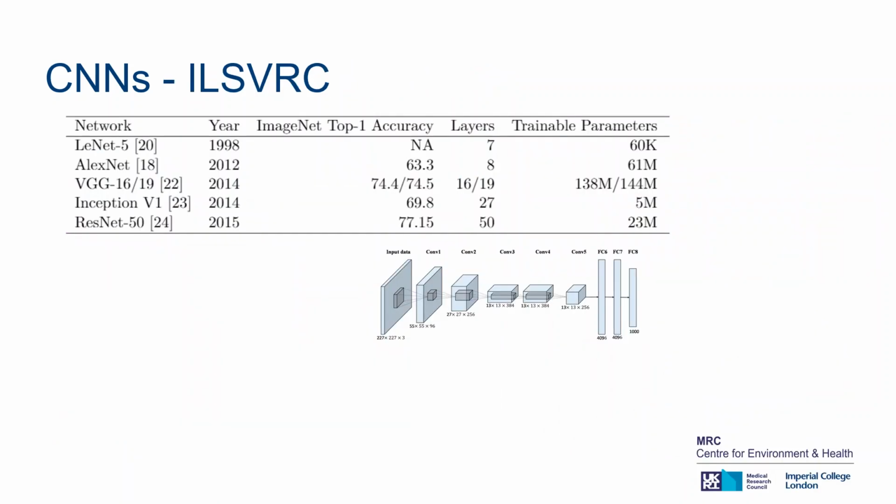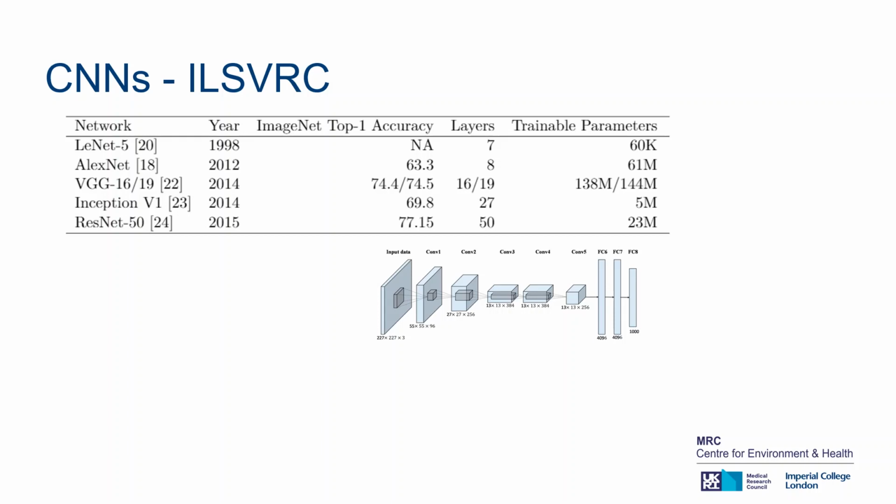Here is an example of some of the architectures which have revolutionized CNNs in the past few decades. Previously, as I mentioned, LeNet has only 60,000 trainable parameters. AlexNet blew this out of the water by having 61 million trainable parameters, which, as mentioned previously, was possible due to the huge number of images it was trained on and the GPUs which were able to speed up processing.